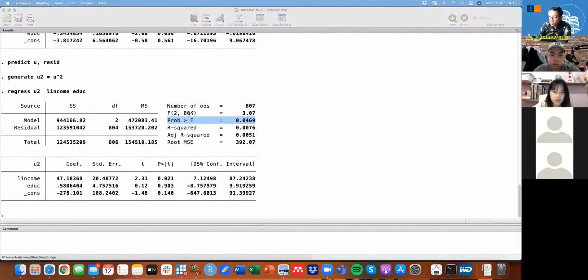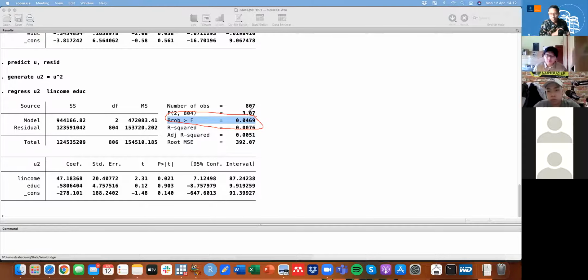Now, if you recall, since this is the p-value, what can you conclude? Do you reject the null hypothesis or do you not reject the null hypothesis? Given the p-value. Go ahead, Krishna. I think it can be rejected, sir. Yeah.